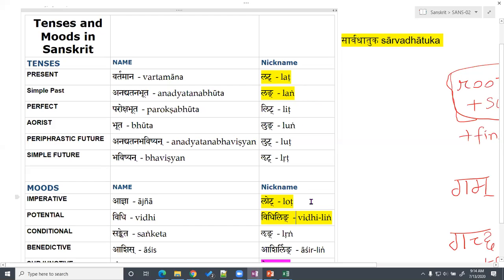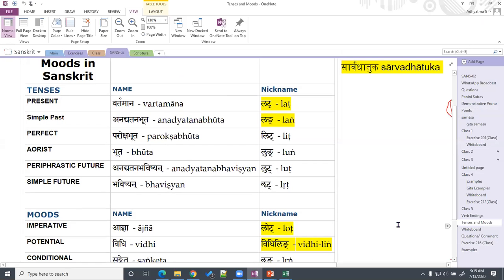These 4 lakaras we have done in fairly good detail in the Sanskrit 1 course, but today we'll go a little bit deeper into them. So for now, just remember that there are these 10 lakaras, and out of these, 4 are the Sarvadhatuka lakaras. Sarvadhatuka is just the category name for these 4 lakaras.